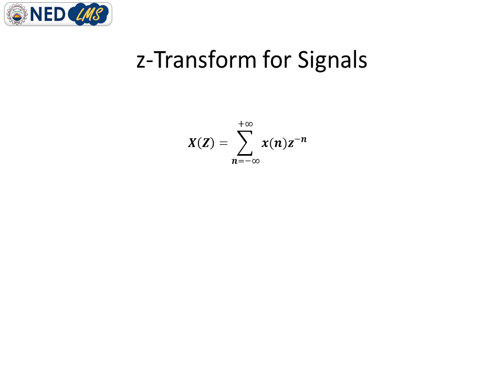Here you can see that x of n is the discrete version of any signal, and we use the summation sign because discrete values are being summed after being multiplied with z raised to the power minus n, and n is varied from minus infinity to plus infinity depending upon the values of n in the provided signal.